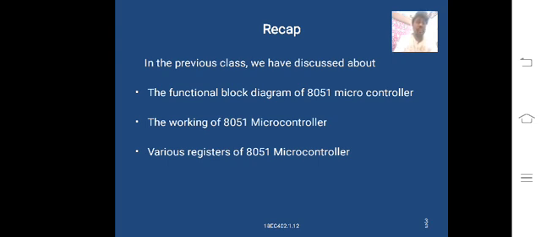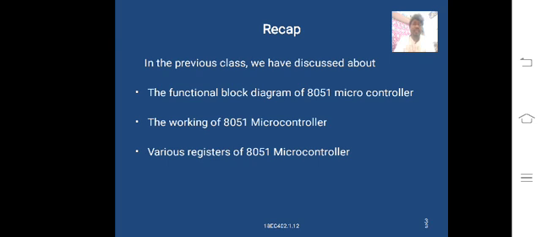Next is the stack and the stack pointer. The stack stores the addresses of instructions in the microcontroller. That means the list of instructions is stored in the stack.